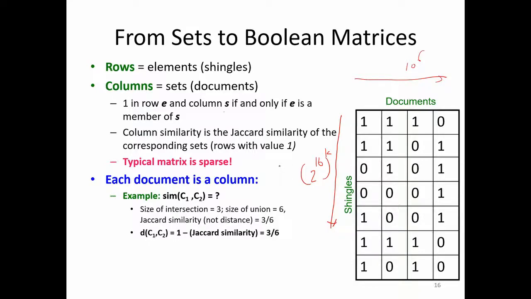As you can understand, this matrix is really going to be very sparse. Some rows may be all zero, so they may never appear in any of the documents, and you can also ignore them. Here this is C1 and this is C2, these are the documents.